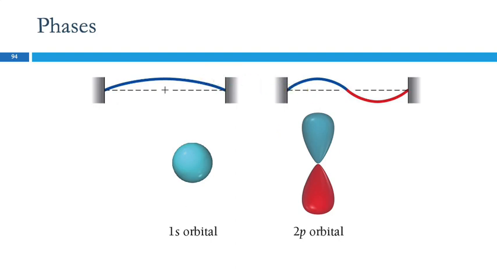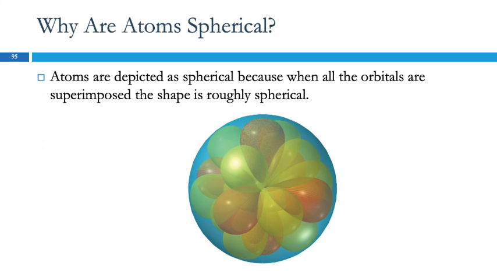So we saw all those crazy balloon shapes, right? So why do we always show atoms as being spheres? Well, if you take all of those crazy shapes and superimpose them on top of each other, you're going to get something like this, which is very close to spherical.